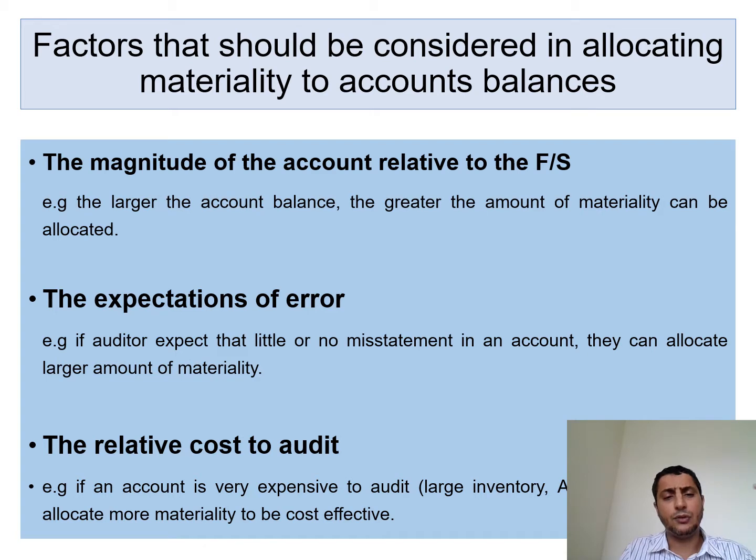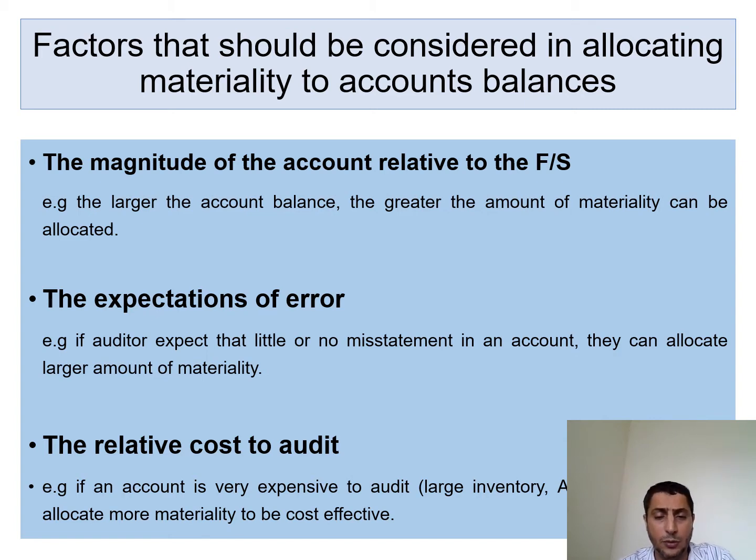The third is the relative cost of the audit. Some accounts are very expensive to audit compared to other accounts. For example, inventory: large inventory means large cost of auditing. Okay, so we need to consider those three factors when we are allocating the tolerable misstatement.